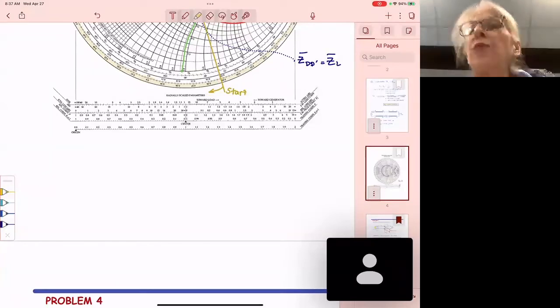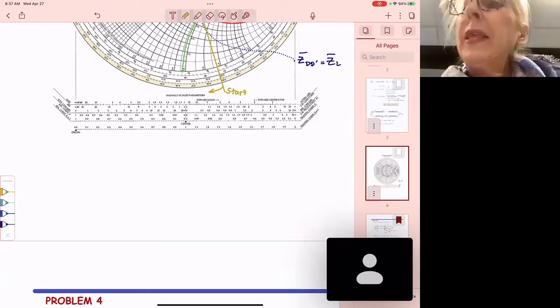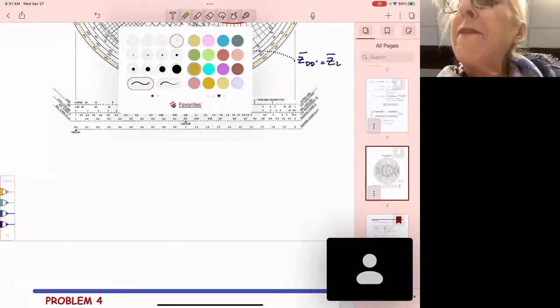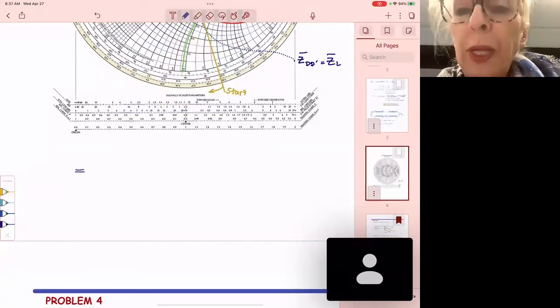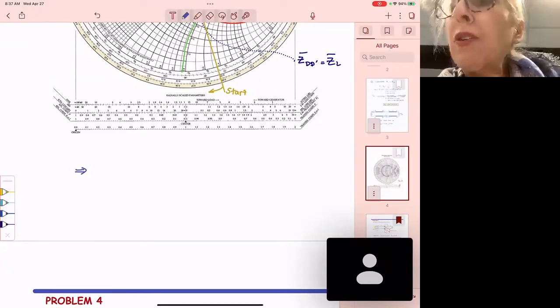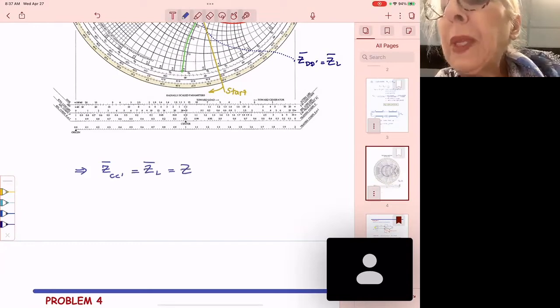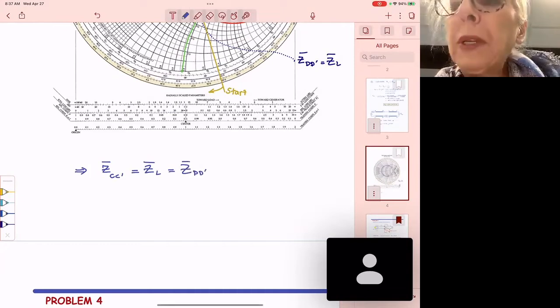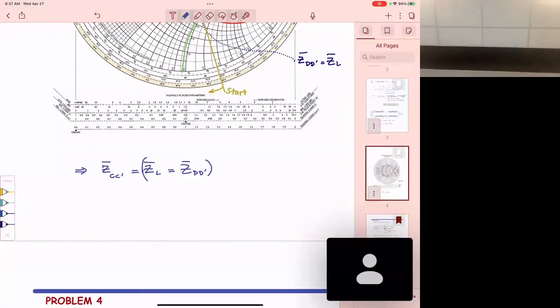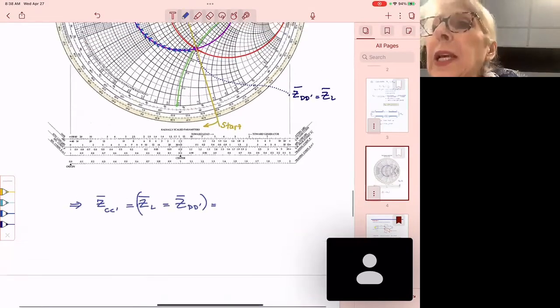So in any case, the result from this effort is you conclude that your Z at CC prime is identical to Z sub L or ZDD prime. I write both of them so you remember it. These two are the same, okay? It's equal. So I know how much ZCC prime is and how much is it?